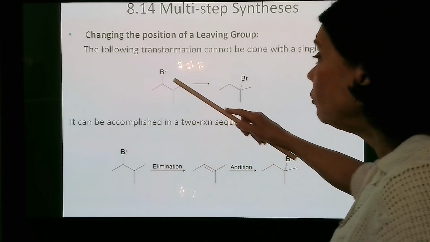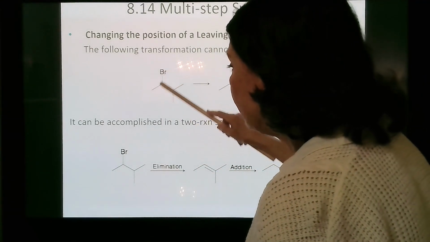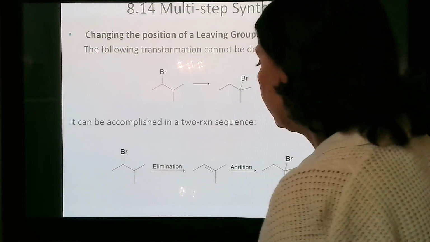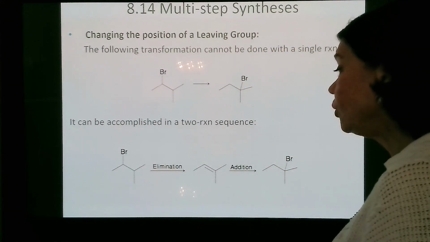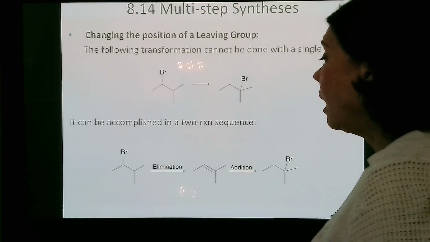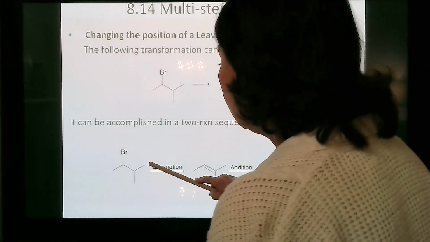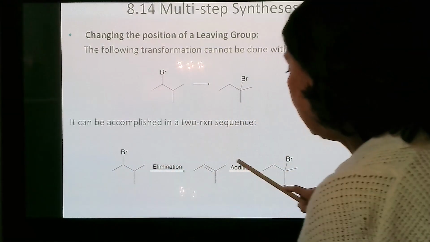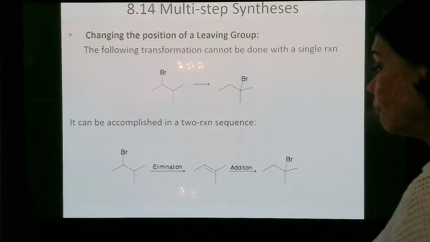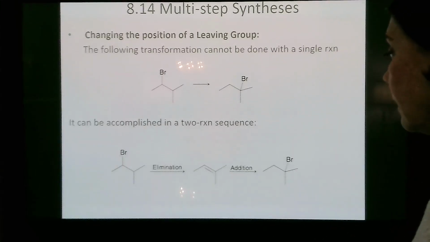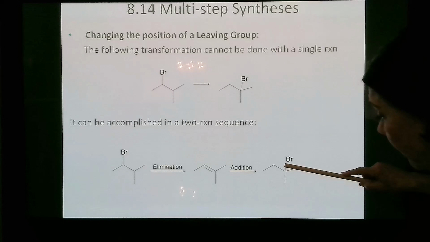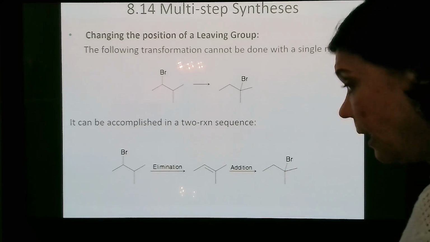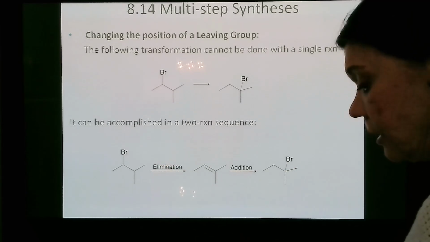Now, changing the position of a leaving group, if you wanted to do that. Can you move the bromine from the secondary to a tertiary carbon? Yes, you can. You could do an elimination to get an alkene and then add it again. You know how to put bromine onto a tertiary carbon, and you know how to do the elimination.